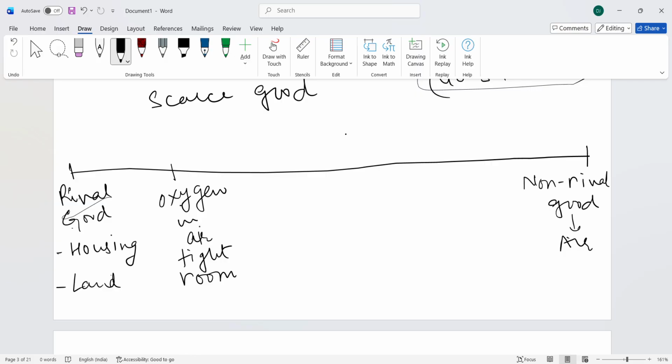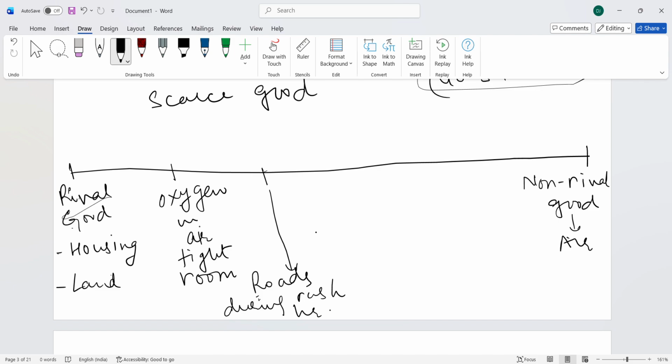All right. Then we could have another one: roads during rush hour. Everyone is fighting for their own piece of road in order to drive on it.